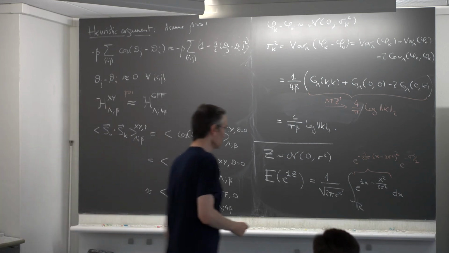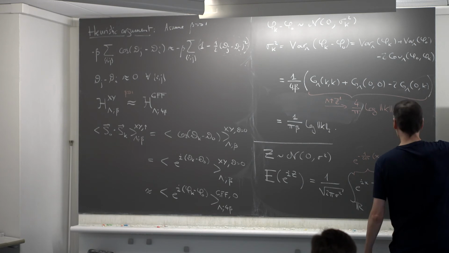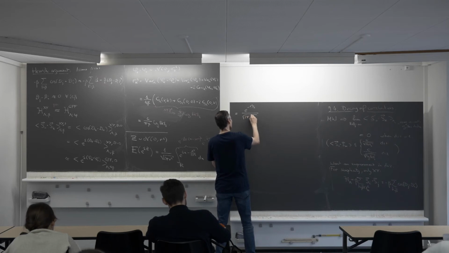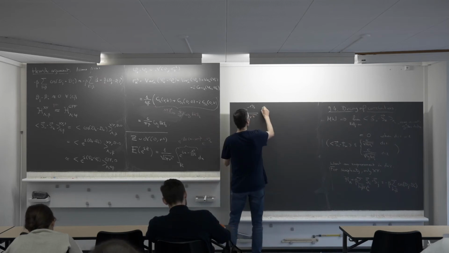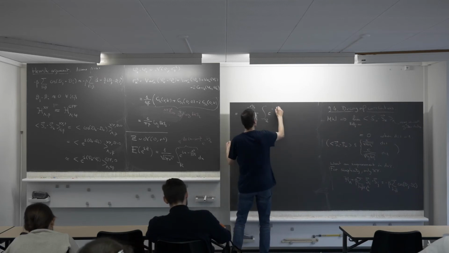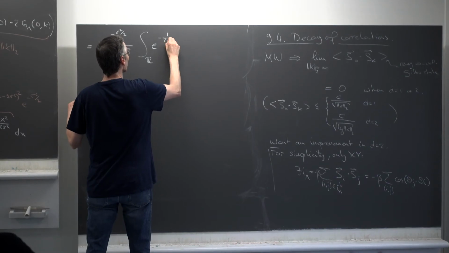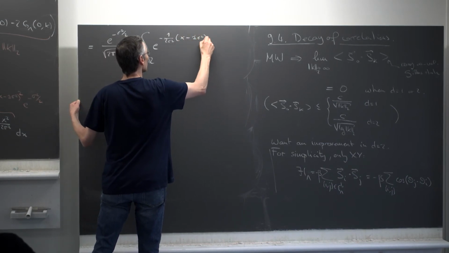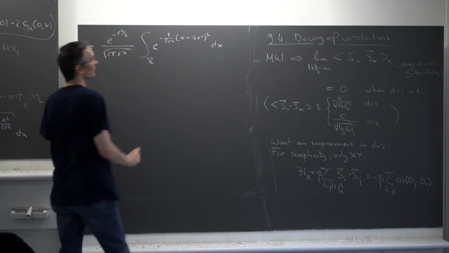So what I get is e^{-sigma^2/2} over square root of 2 pi sigma squared, times the integral over R of e^{-1/(2 sigma^2)(x minus i sigma^2)^2} dx.